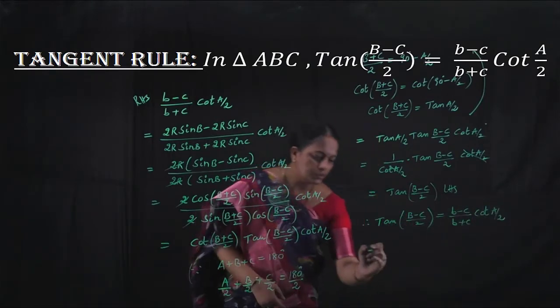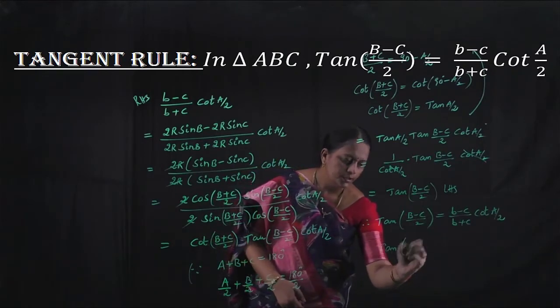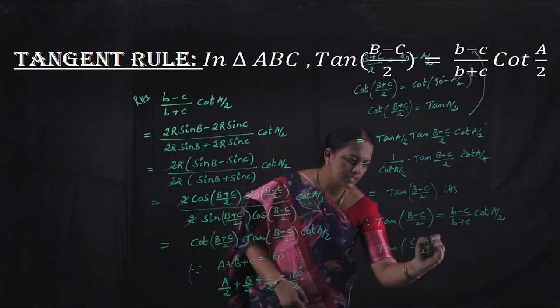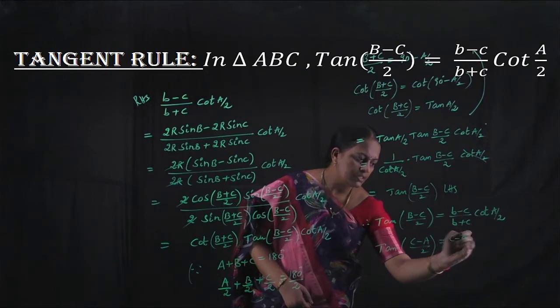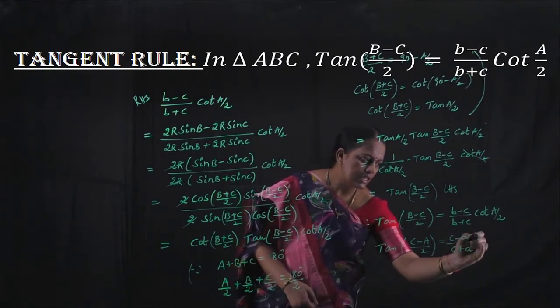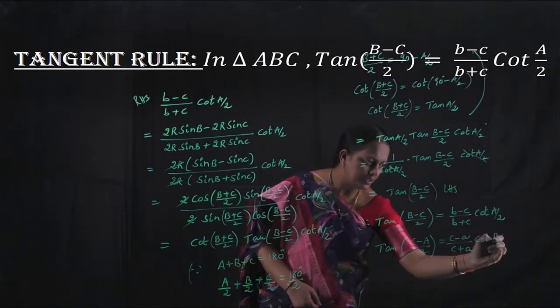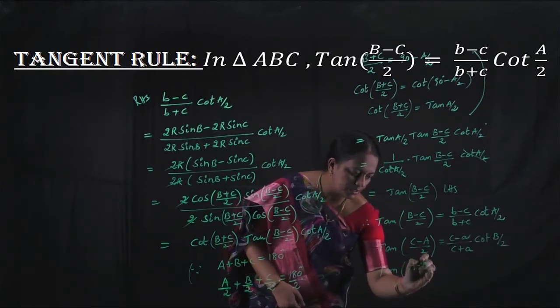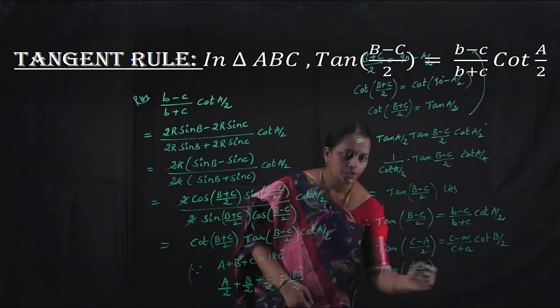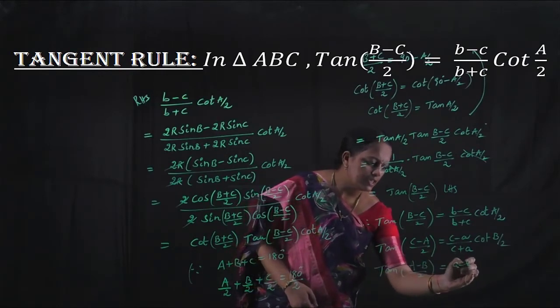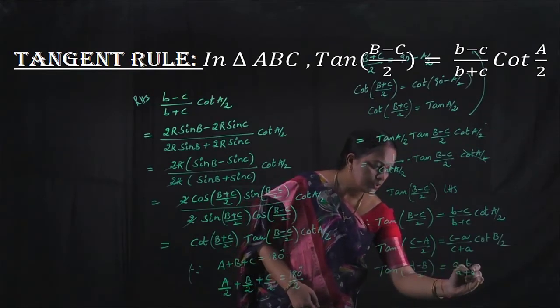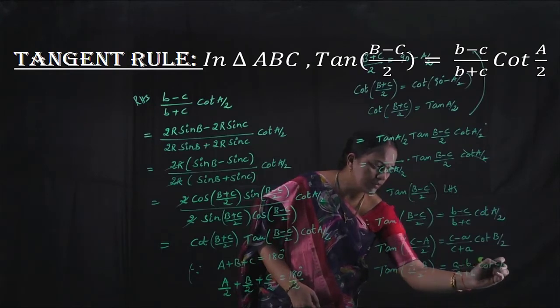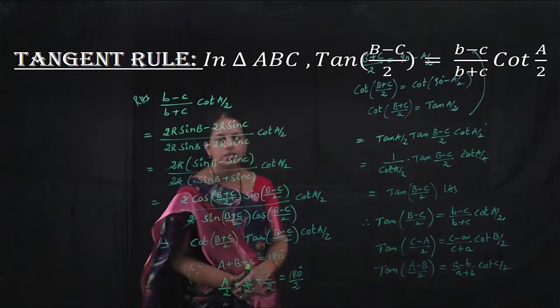Similarly, we can prove tan of (C−A)/2 is equal to (c−a)/(c+a) into cot B/2, and tan of (A−B)/2 is equal to (a−b)/(a+b) into cot C/2. This is called the tangent rule.